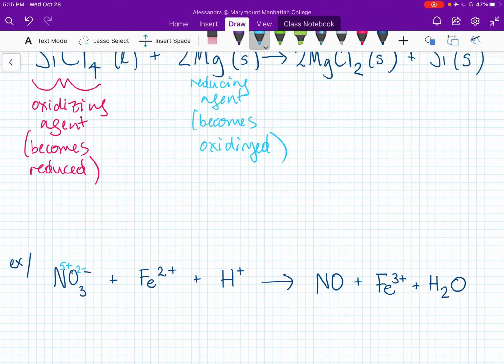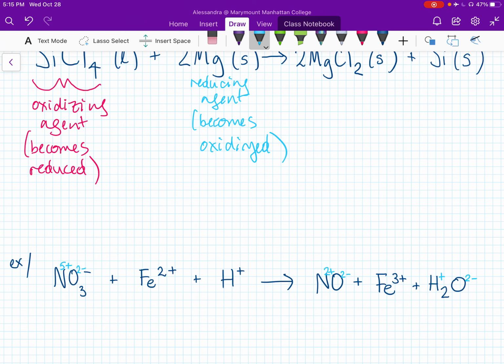H is just +1. Now here, oxygen is -2 always, so that means that in a neutral compound, the nitrogen has to be 2+. Iron is Fe3+. The oxidation state is the ion's charge. And here, oxygen is going to be 2-, and each hydrogen is going to be +1.